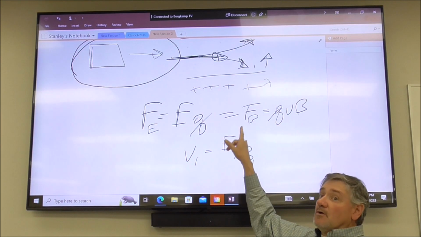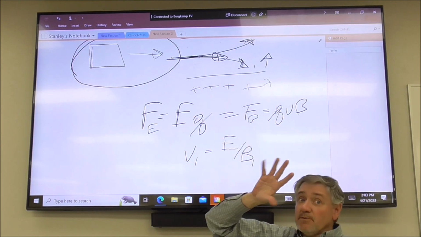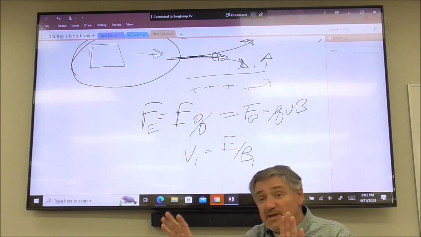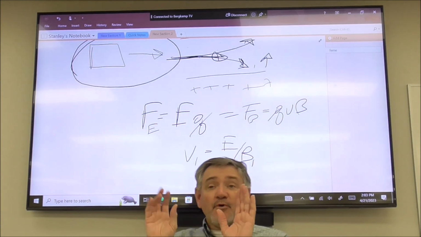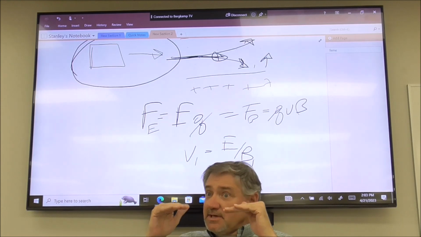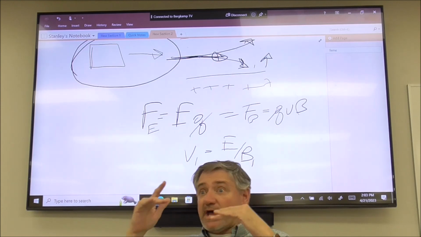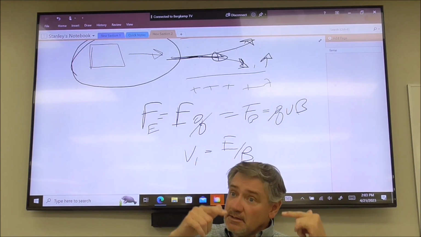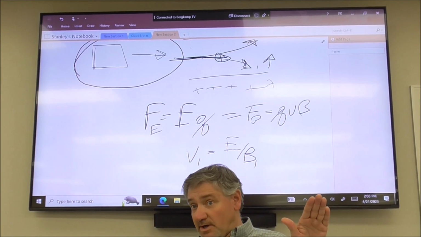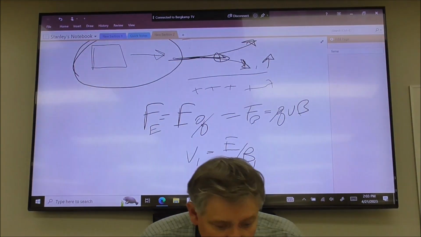The electric field, or one or both of them, has to change at the same rate. But here's the whole key: the force of the magnetic field has to equal the force from the electric field. That's the only way it's going to go straight through.